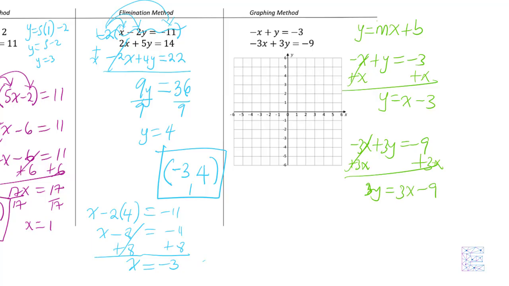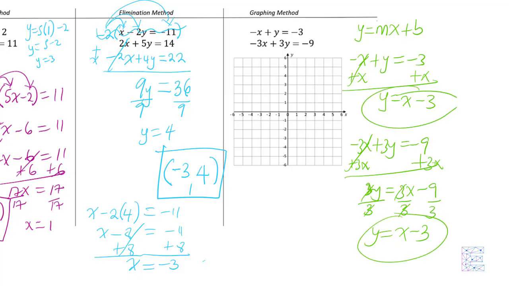And we're closer to getting y by itself. We just need to get rid of this 3. And the way to do that is to divide each thing by 3. So 3's cancel here, y equals, 3's cancel here, x, and negative 9 divided by 3 is minus 3. So you now see that we have this equation and that equation to graph.